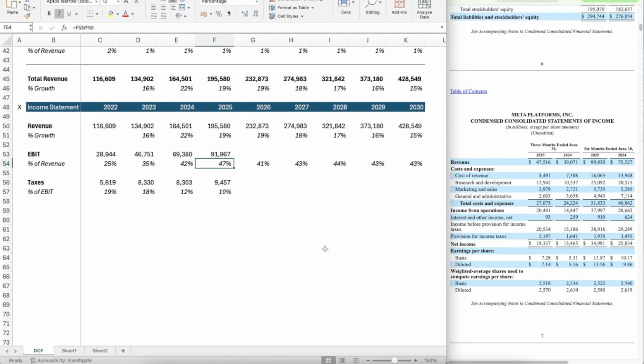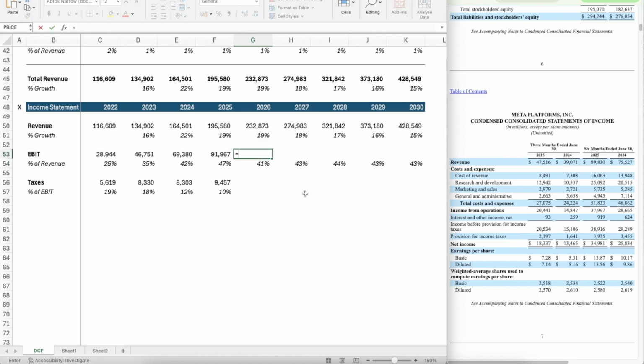So for now, we're going to do another EBIT section later, but for now, just average the last 3 years and project that out going forward. So you go equals average the last 3 years, and then enter, and then you copy, and then just scroll to the right and take it to 2030.